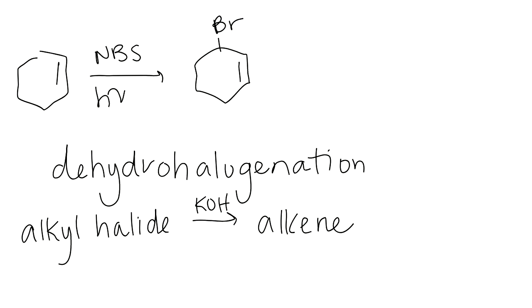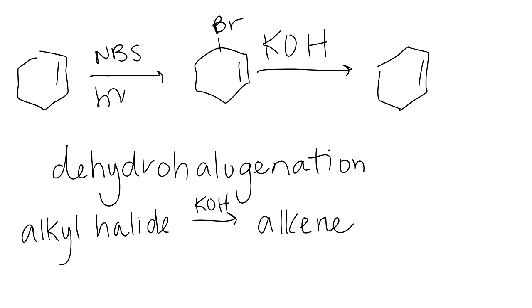So if we add our strong base to undergo the dehydrohalogenation, we're going to end up with 2 alkenes now. So now we have made a diene as our product. So NBS, making this allylic bromine, can be a useful intermediate for us.